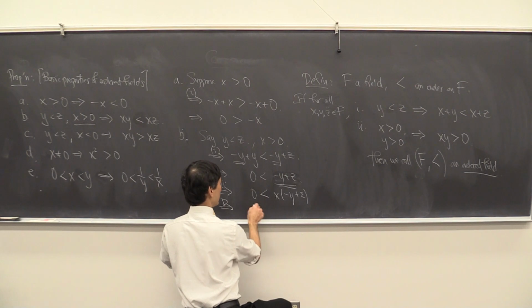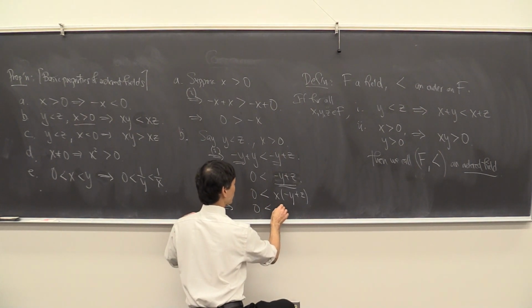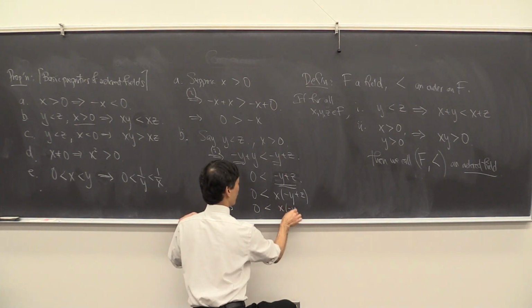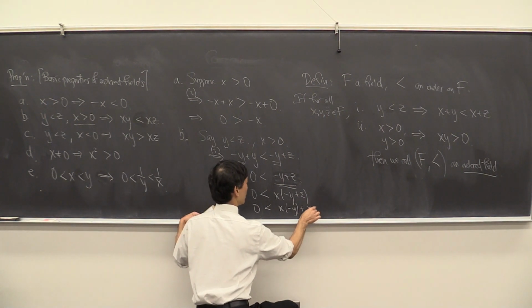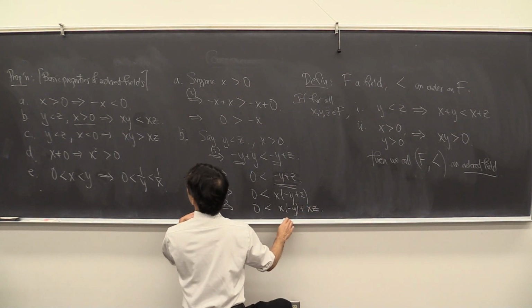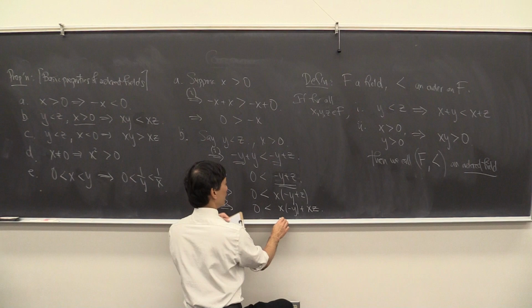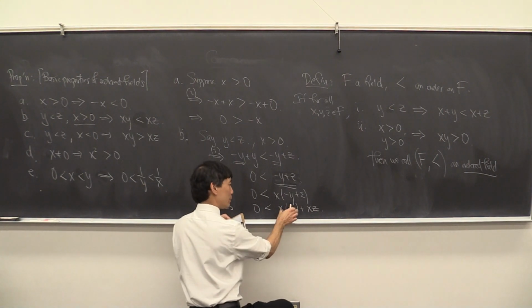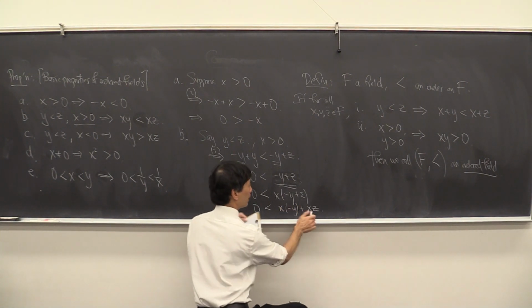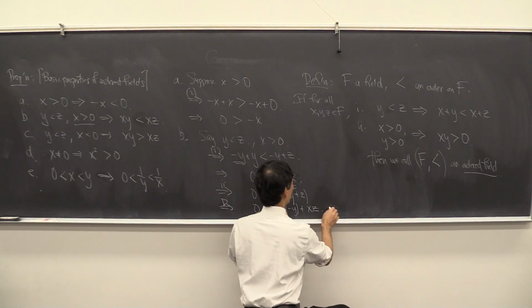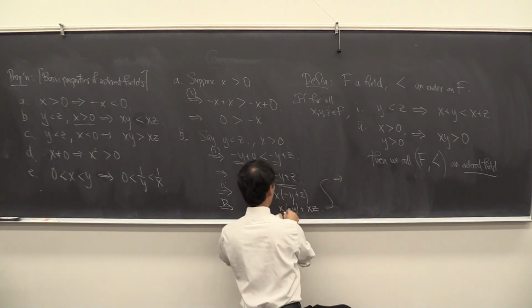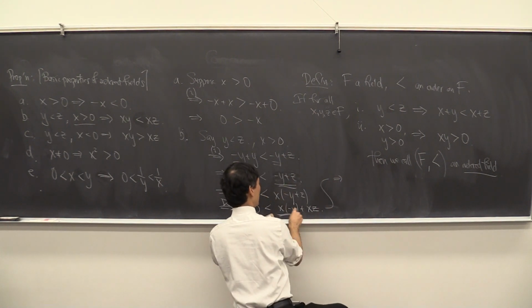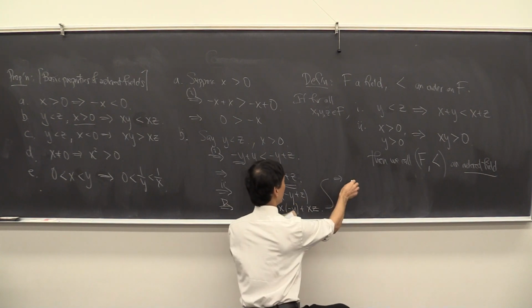And then you use distributivity, and you get that 0 is less than x times negative y plus x times z. Right? And we know from the previous proposition that x times negative y is the same thing as the additive inverse of xy.